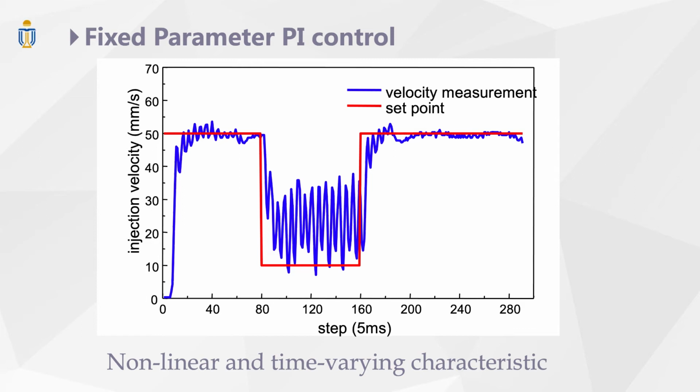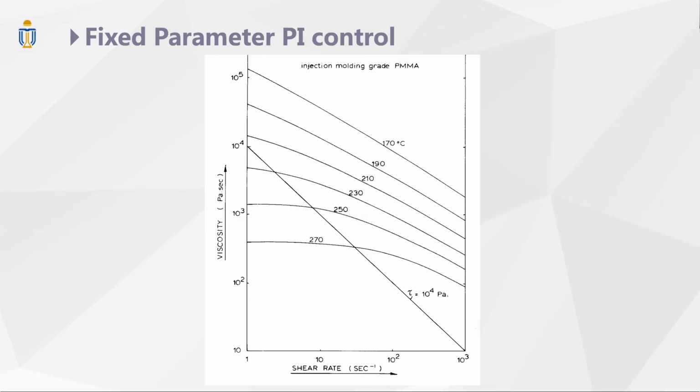Let me illustrate how strong it is through this material property illustration. It shows the shear rate versus viscosity. We can imagine the shear rate is directly related to injection velocity. The viscosity is related to how difficult it is for the polymer to flow into the mold cavity. You can notice this is a log scale plot.